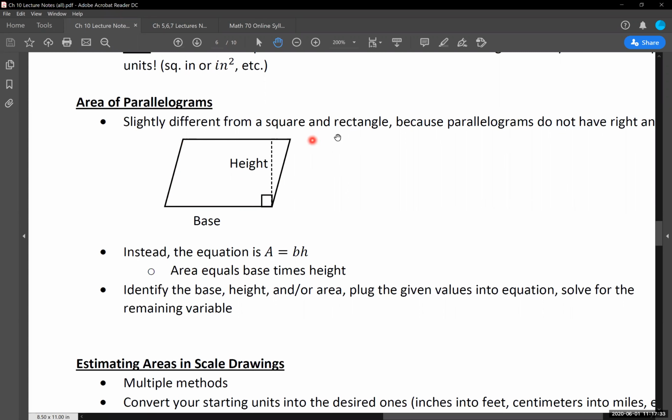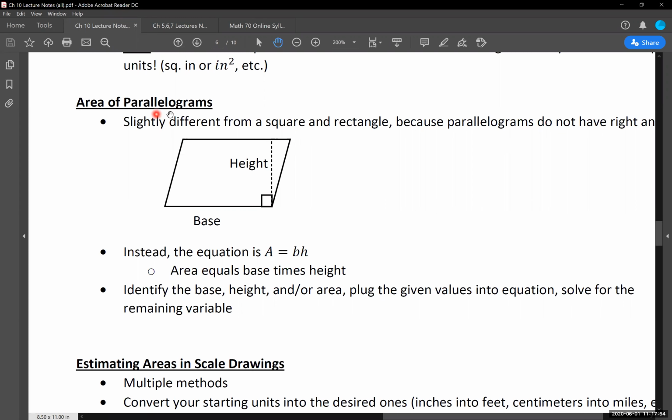With squares and rectangles, we could say the area is equal to the length times the width, or the base times the height. The square and the rectangle have that really nice part where we can interchange those, because the length and width and base and height are the exact same thing between squares and rectangles.